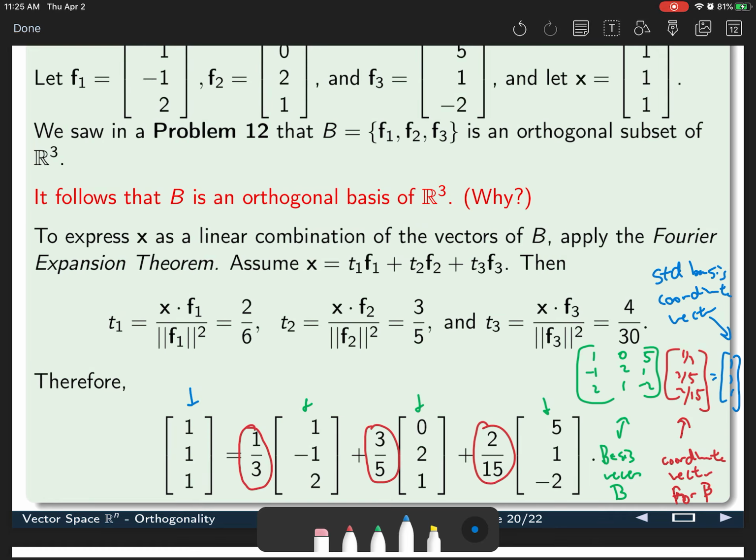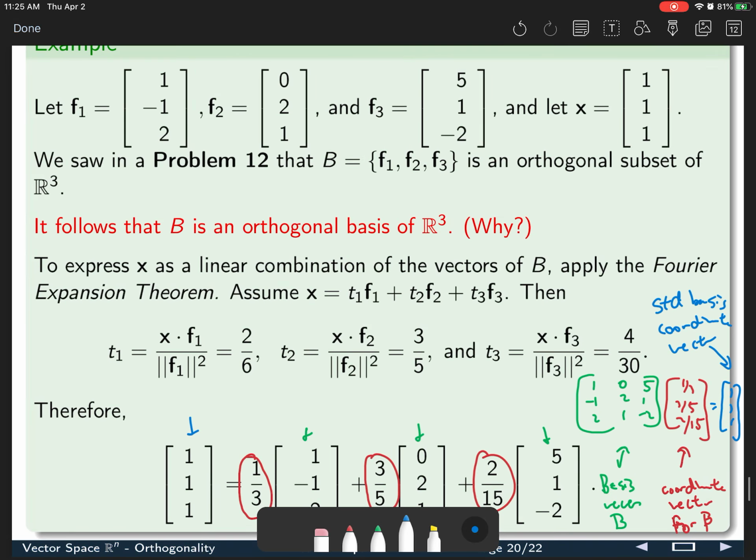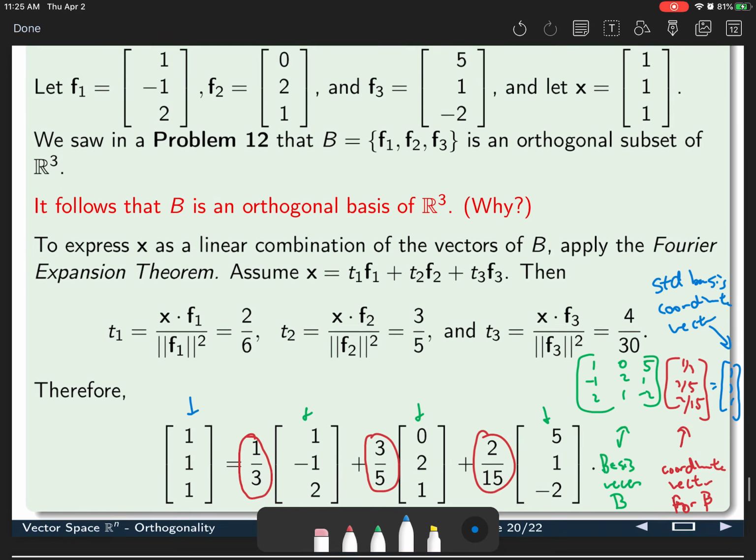So doing this matrix multiplication is a way to convert from one coordinate system to another. And a lot of times, maybe you might be more interested in, given a vector in the standard basis, like the one that we were given here, we were given x as 1, 1, 1.